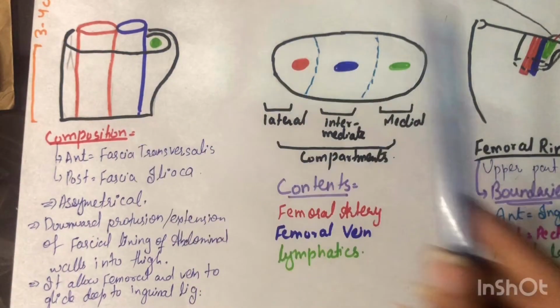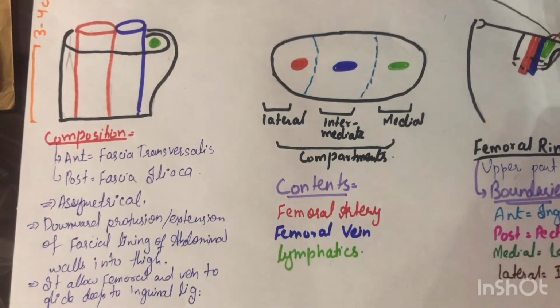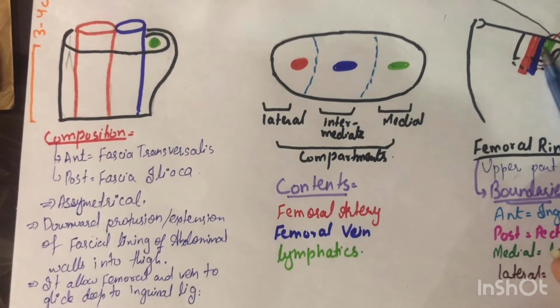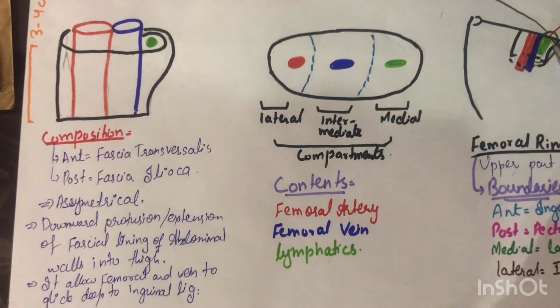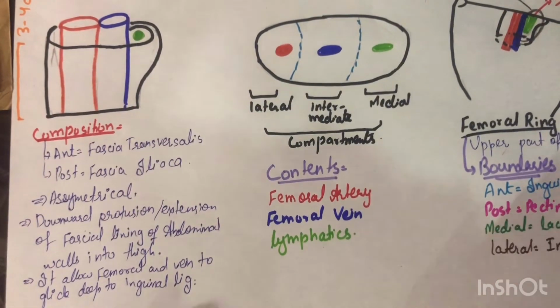Here we can see that upward is the inguinal ligament and deep to it is the femoral sheath. So the femoral sheath allows these femoral vessels to glide beneath the inguinal ligament, right?